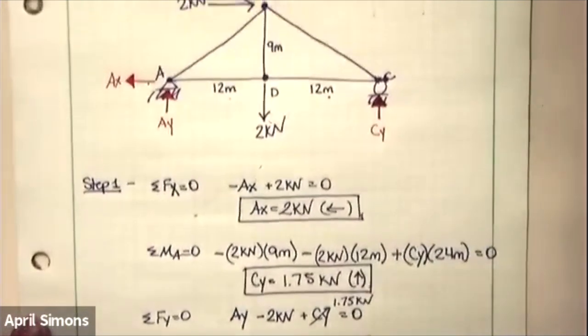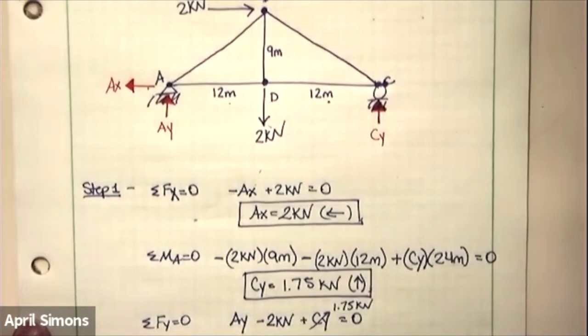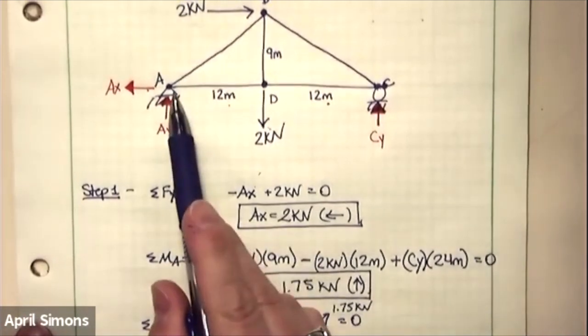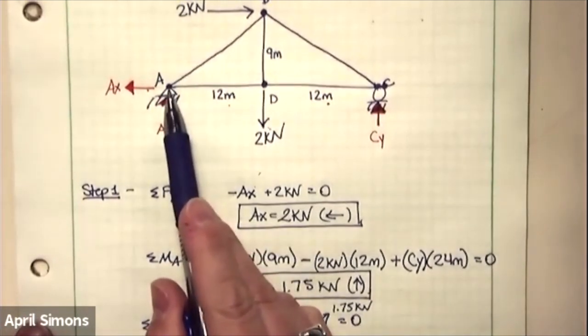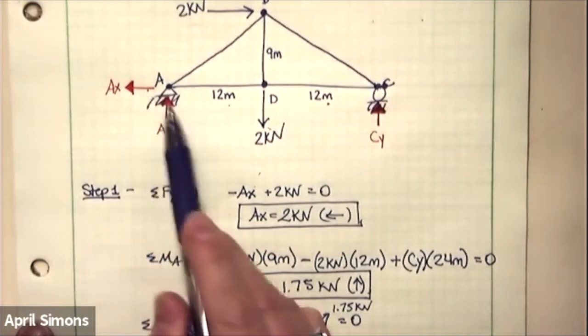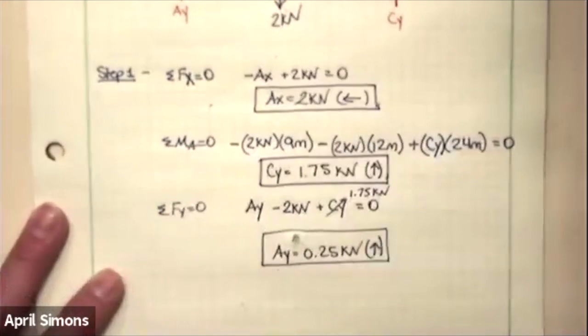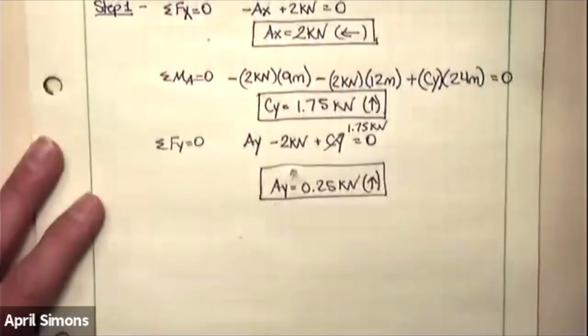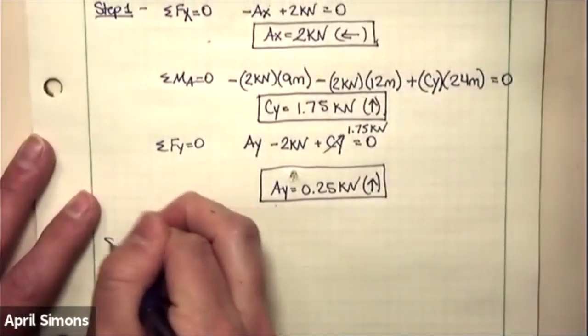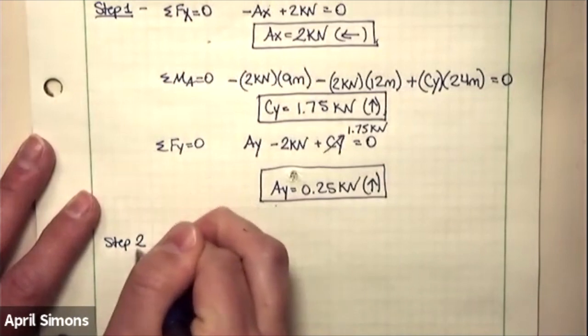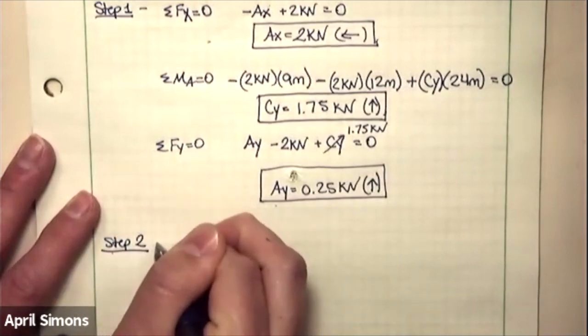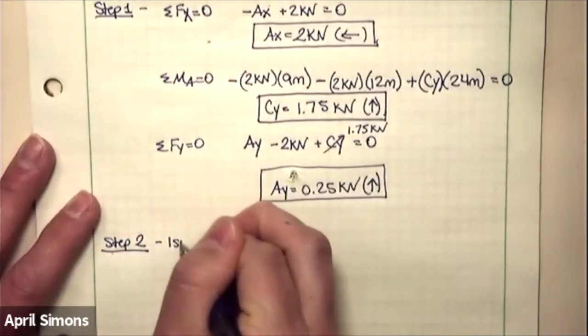So that's why I'm choosing to start at joint A here. So we want to draw a free body diagram of this joint, show AX and AY, and then we'll show the unknowns here. So this is step 2. Okay, step 2, we're going to isolate joint A.